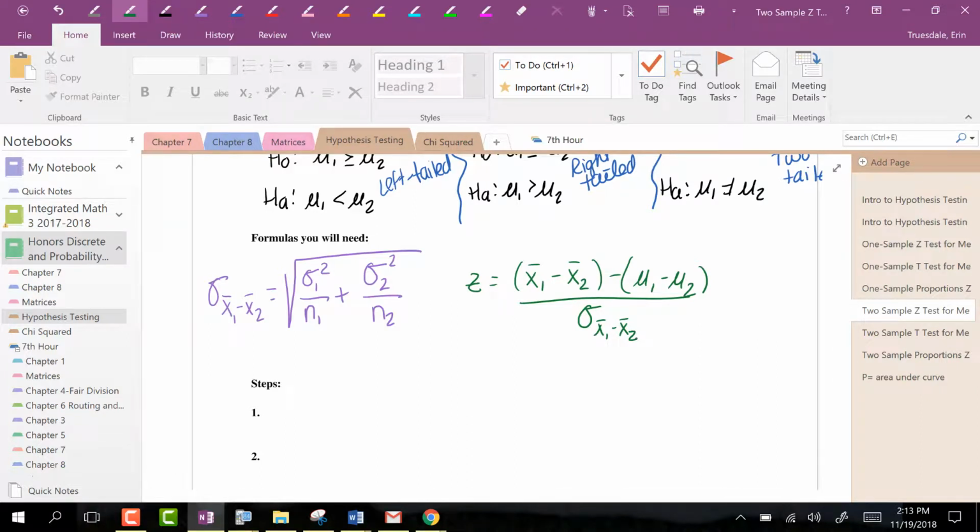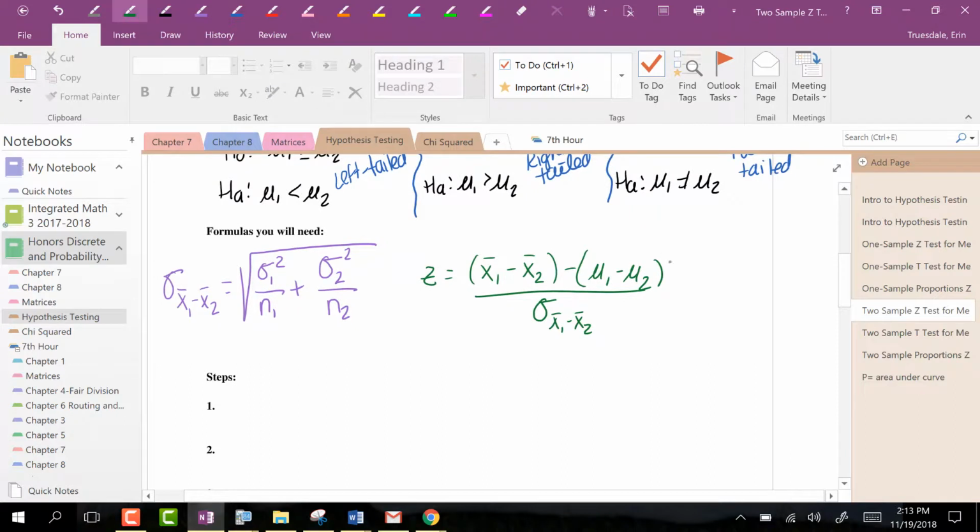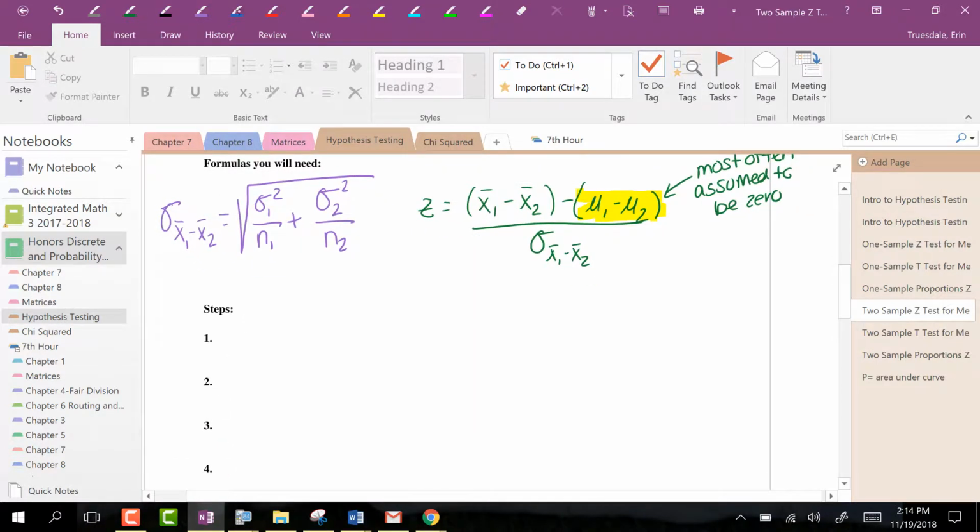The nice thing is that this piece of the formula, let me highlight it for you, is most often assumed to be 0. Okay, so that's a nice part of that formula, is that if this is just 0, then it's just that over that. Okay, and so that's a lot easier. So for our purposes, you can assume that that's going to be 0.